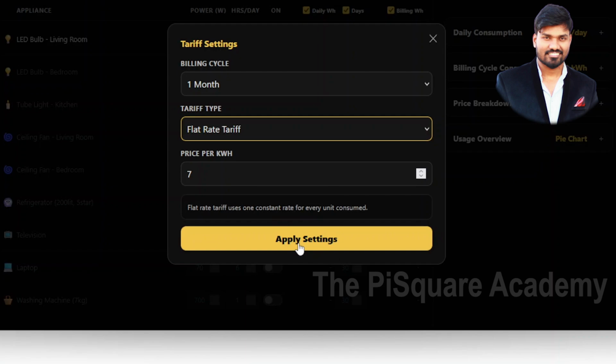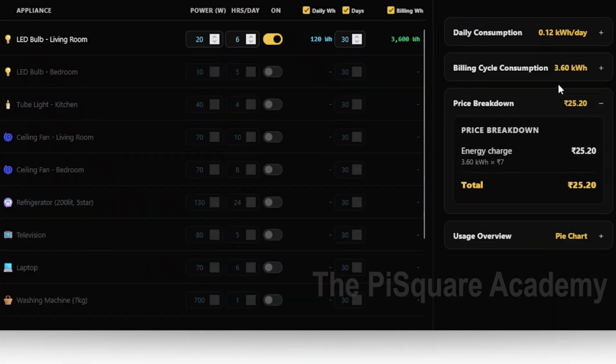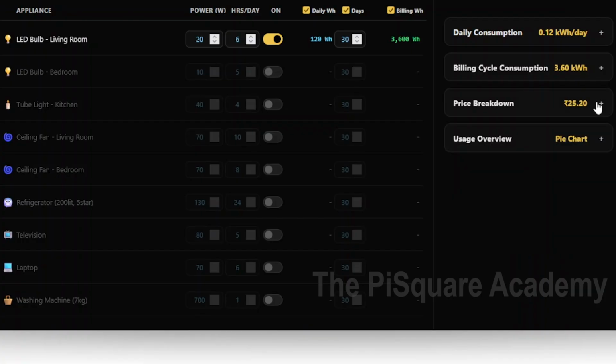For the domestic case it is this; if it is some industry, they may charge maybe 15 rupees, and if it is commercial, the price will be 10 rupees. It depends. I'm just taking a simple case, a flat rate tariff. So 3.6 into 7, you will get 25.2 rupees if you just run this bulb.